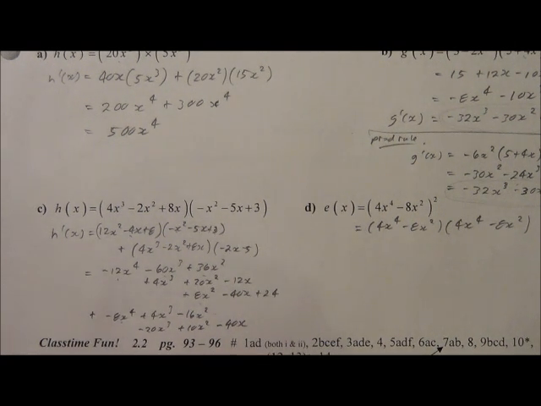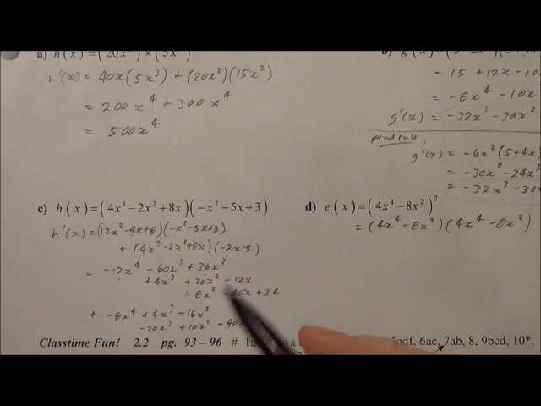And then we'll just group all the like terms together. So negative 12x to the power 4 minus 8x to the power 4 gives me negative 20x to the power 4.